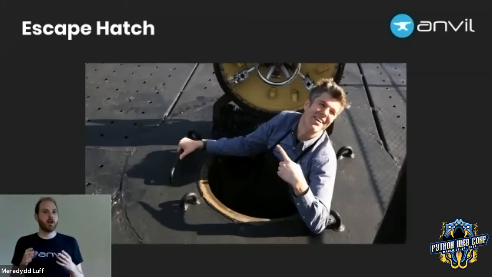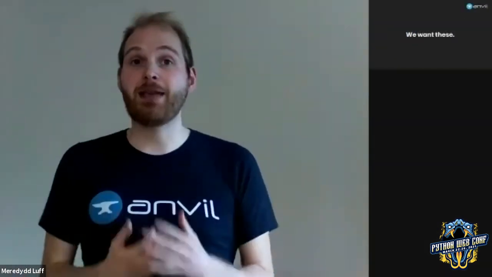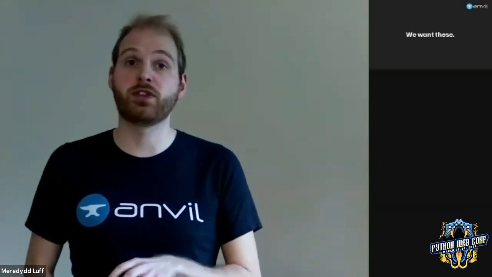And so actually, Python's moment is driven by effective use of this escape hatch. These are clearly what we want. Escape hatches are the best way to cope with an abstraction failing. And so this, as abstraction authors, is what we want to build.